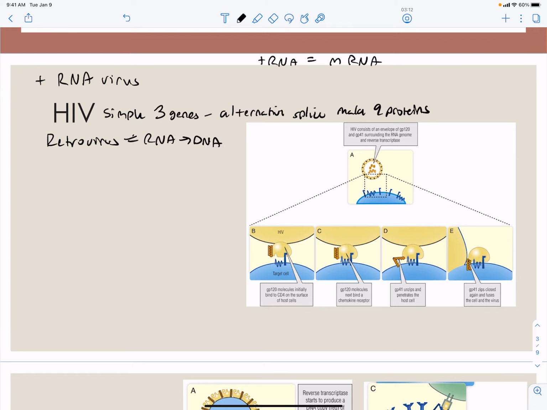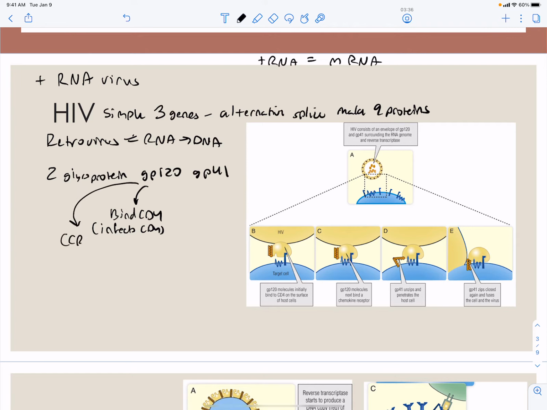And then it has 2 glycoproteins. You have GP120 and GP41. And GP120 is going to bind CD4, so it infects CD4 cells. And GP120 also binds CCR5, which is a chemokine receptor on CD4 cells. And so both 1 and 2 must take place, and then GP41, 3, can fuse with the cell membrane.